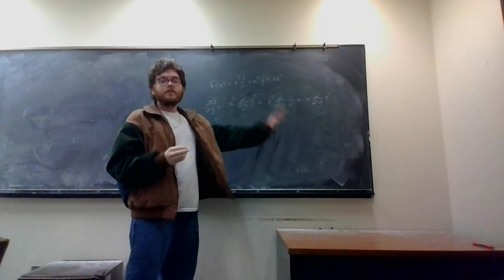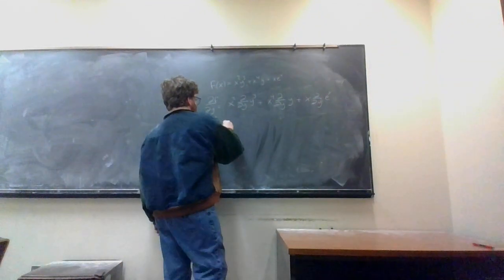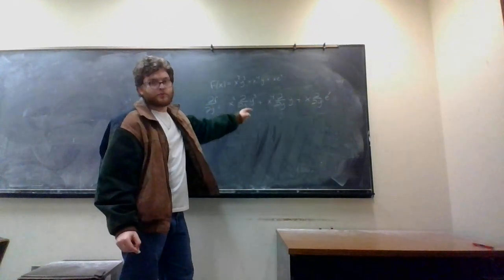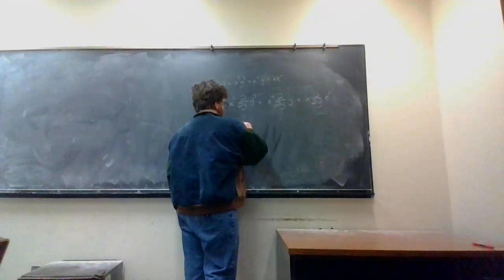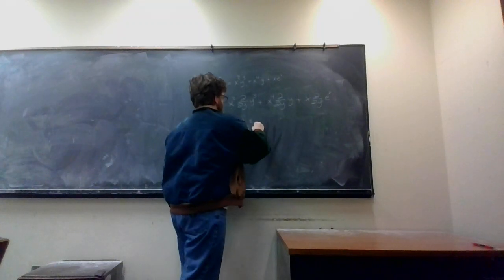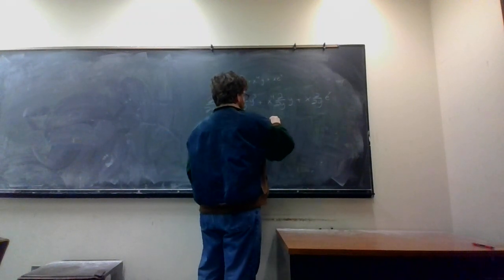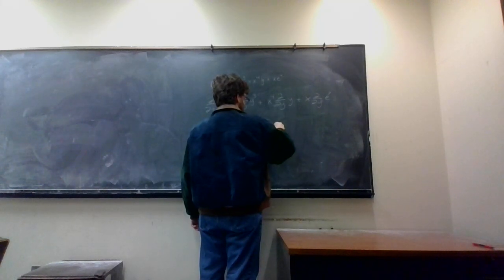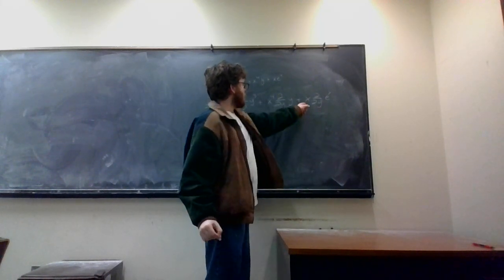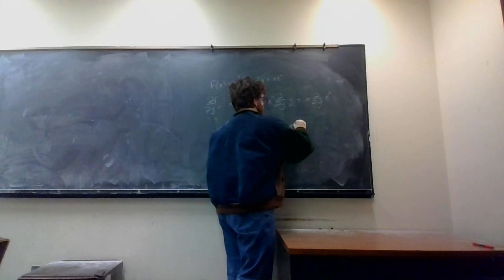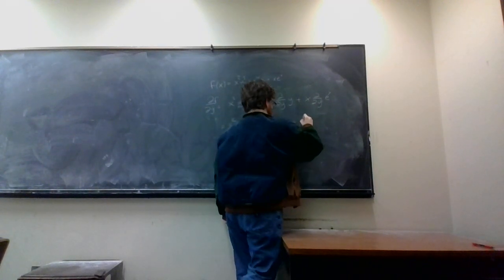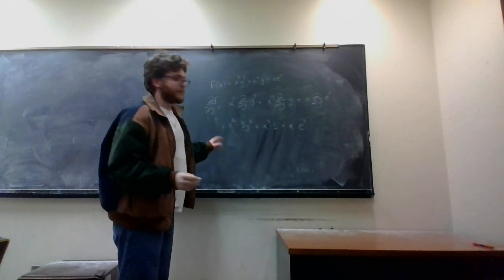Cool. And again, these are pretty simple to take on their own. You get x squared times the partial of y cubed with respect to y, which is 3y squared. And you've got x to the fourth times the partial with respect to y of y, which is just 1. And we've got x times the partial with respect to y of e to the y, which is e to the y. Cool. And then I'm going to do the rewriting.